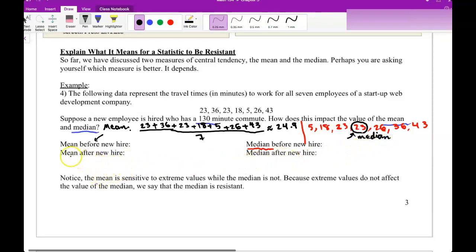Okay, now finding the mean after the new hire. Adding 130, we're going to have this set of data.